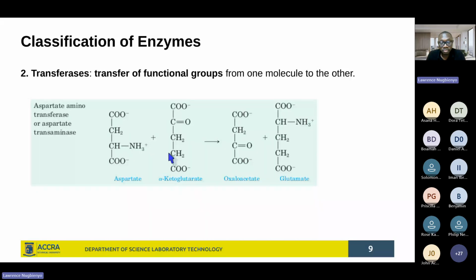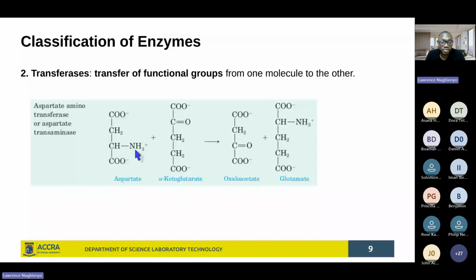It's what we refer to as transamination, when the amine group in an amino acid is transferred onto a sugar. So you see alpha ketoglutarate is an intermediate carbohydrate in metabolism of carbohydrates. And you see there is an amine group on aspartate. That's an amino acid, aspartic acid. We saw the amino acid.